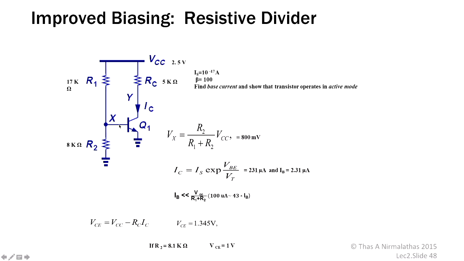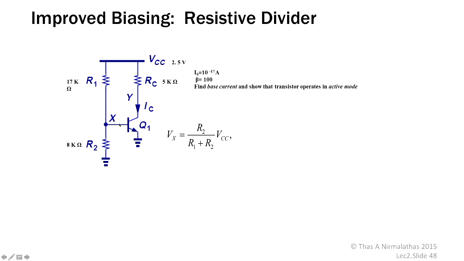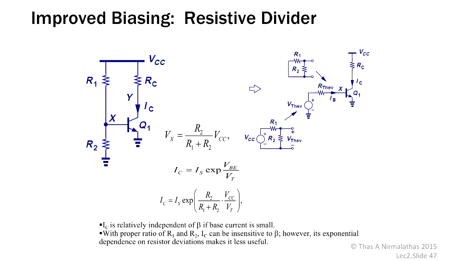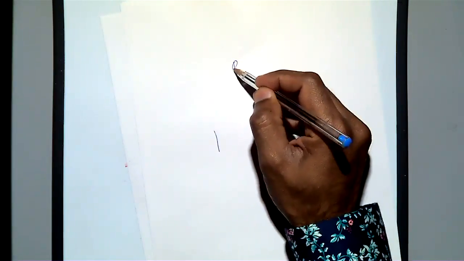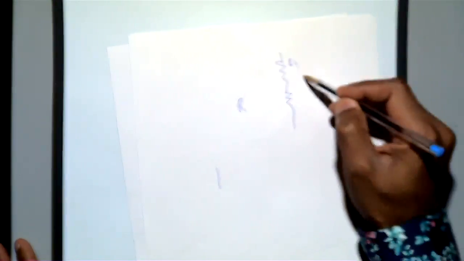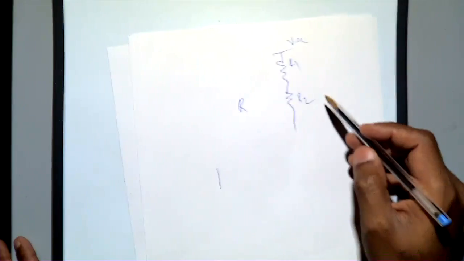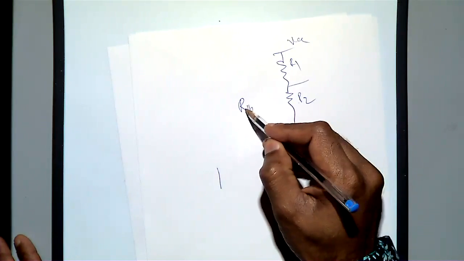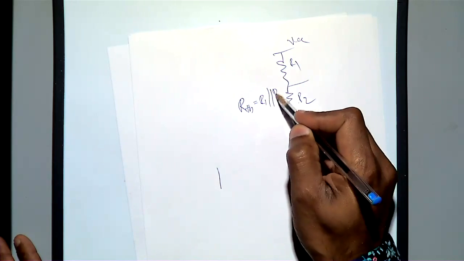Then if you assume that this current is relatively bigger, we have to go for the Thevenin circuit. So Thevenin means we will find out the Thevenin equivalent circuit. That is the reason I have shown here. So R Thevenin from this circuit we already got. When you have these resistances R1 and R2, with VCC, we can find out RTH, R Thevenin, which is equal to R1 parallel R2.